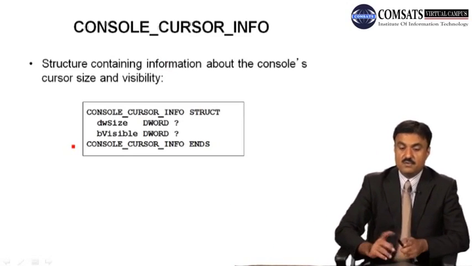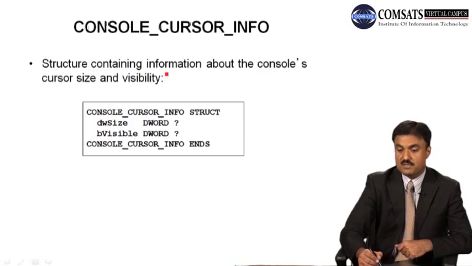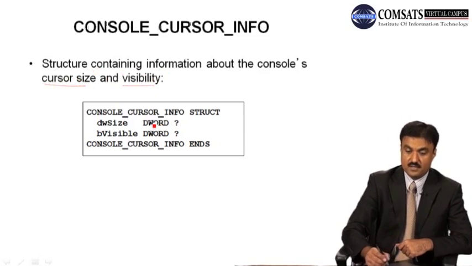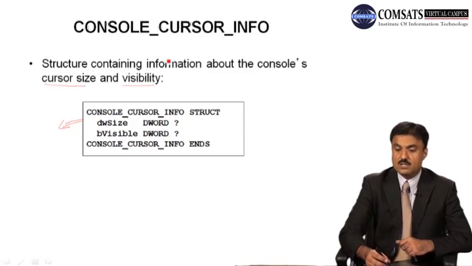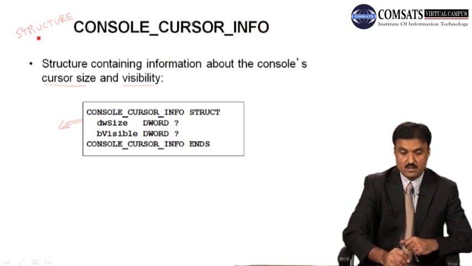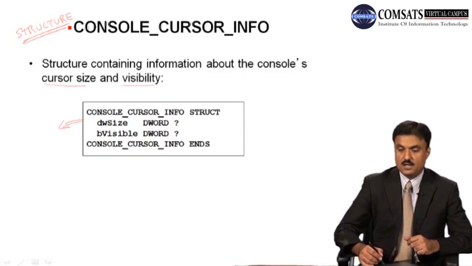So console cursor info, here you can see, is a structure containing information about the console's cursor size and visibility. This structure will be used for all the purposes to get information and to set information about the cursor.